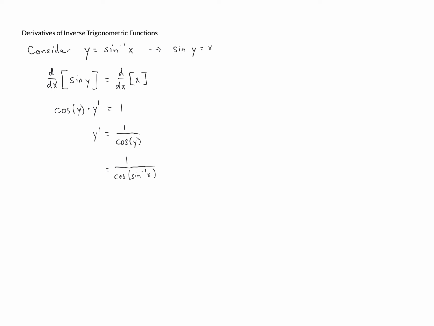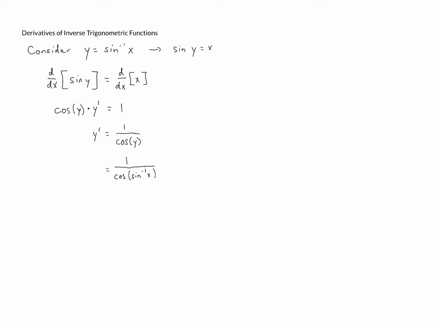So we actually have a composition of a trig function and an inverse trig function. And we can use a right triangle to see how this simplifies, because we can actually write this without dealing with inverse sine of x inside of cosine.